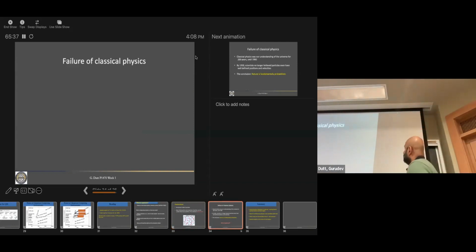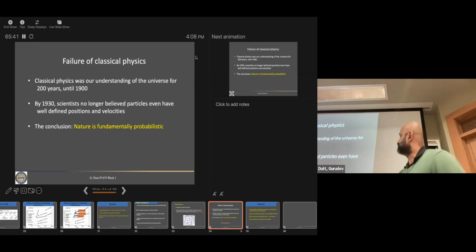And that was our understanding for 200 years, until about 1900. And then by 1930, we no longer believe that particles even have well-defined positions and velocities. So a huge change in how we thought about the universe.